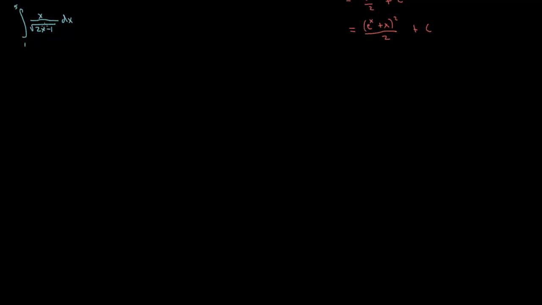And like I said, if the function is non-negative, that number will represent the area under the curve between x equals 1, x equals 5, and the horizontal axis. If the function is not non-negative, then the interpretation will be net area. So let's see what happens.